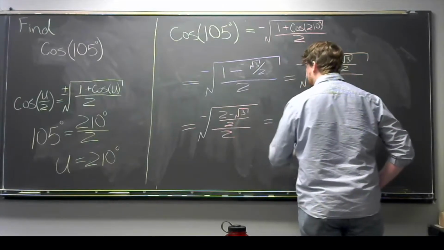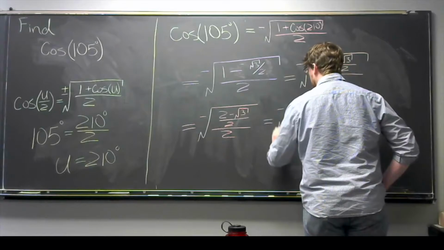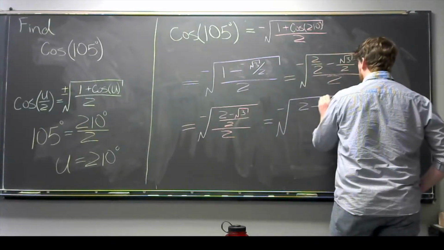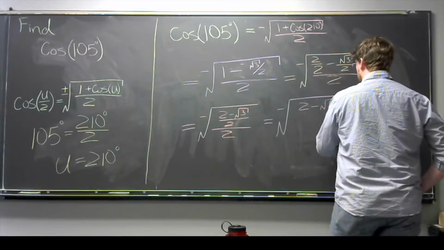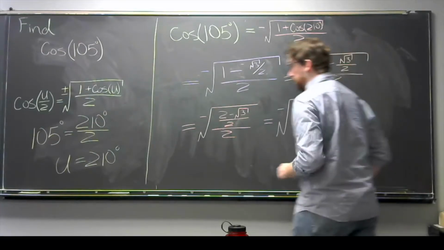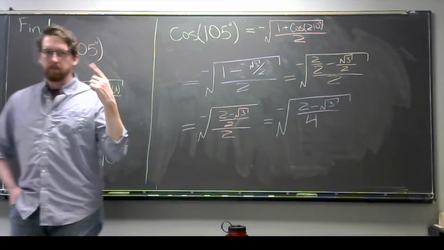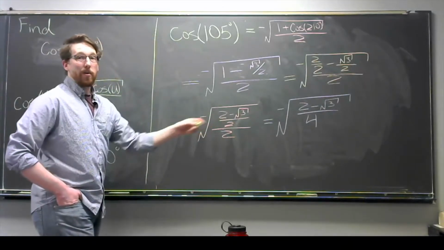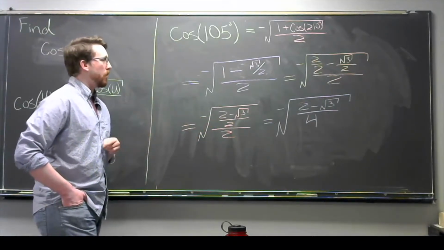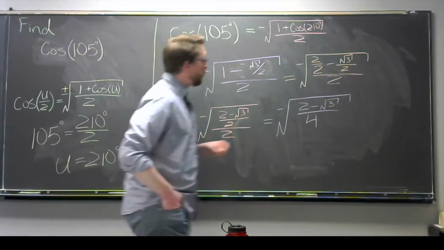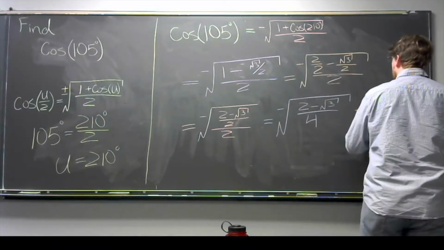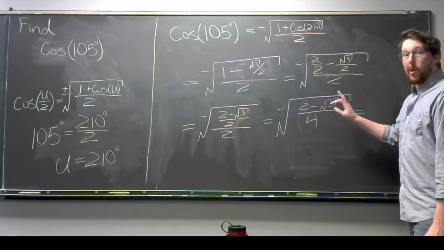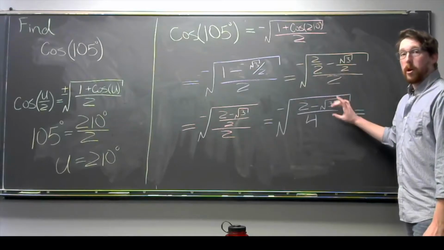But we can rewrite this now as negative 2 minus the square root of 3, all over 4. And this is where I was thinking about whether or not I should show y'all how to break this up a little bit more. And I think I will. Because we've got the radical being applied to a fraction, we can break that radical up between the numerator and the denominator.